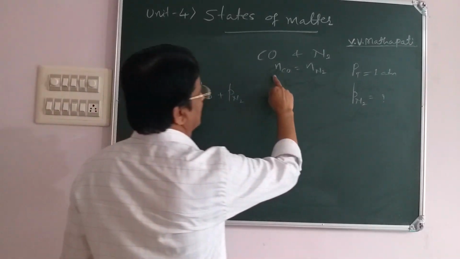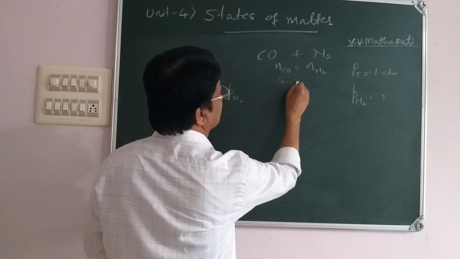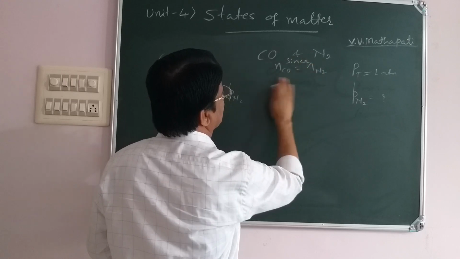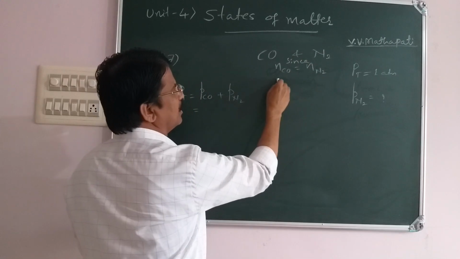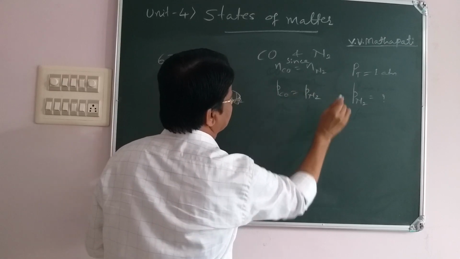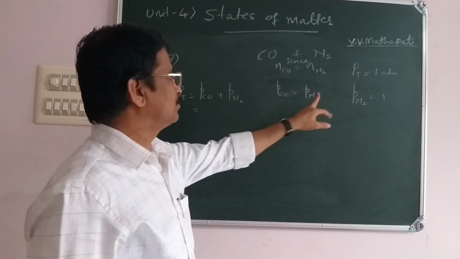Next, n of CO equal to n of N2, then P of CO equal to P of N2. If moles are equal, partial pressures are also equal.